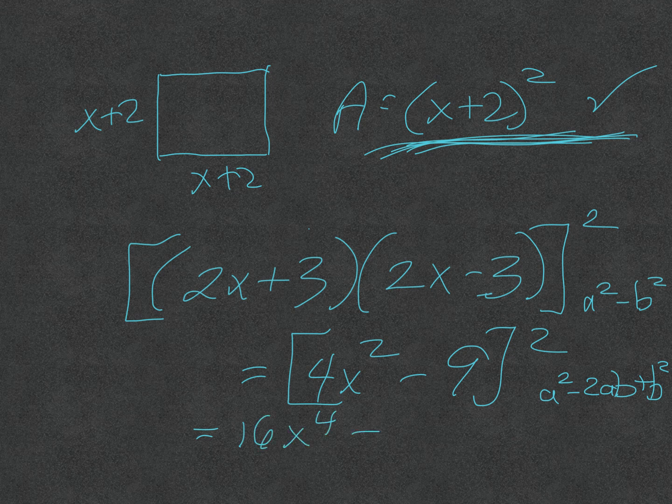And then minus, I take 4x squared times 9, which is 36x squared. And then double it, so minus 72x squared. And then I square the 9 and get plus 81. And so now I've done this problem using 2 memorized forms, and I can do it in just 2 steps. But you've got to practice with the forms so that you memorize it. Okay?